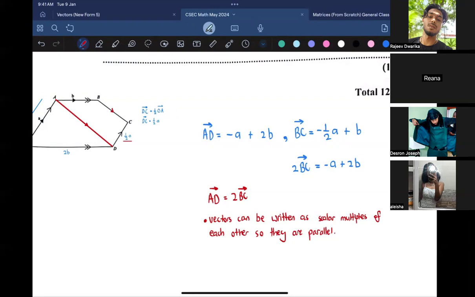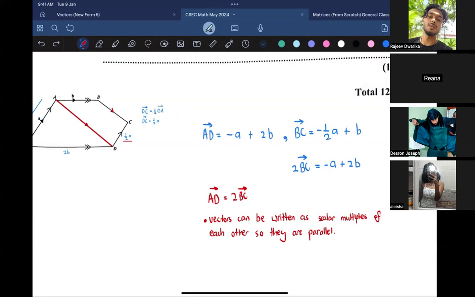If this vector is 2C, then this vector will be C. If two vectors are parallel, they're pointing in the same direction, they just have different sizes. And we're seeing that A to D is bigger than B to C. But we had to show by how much.